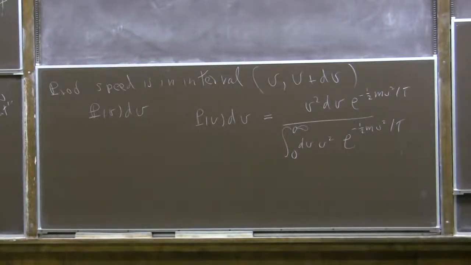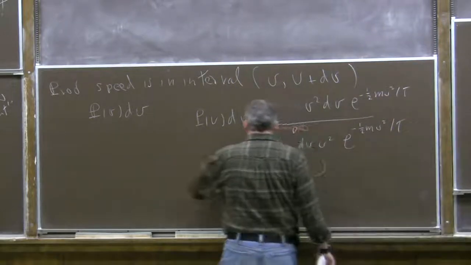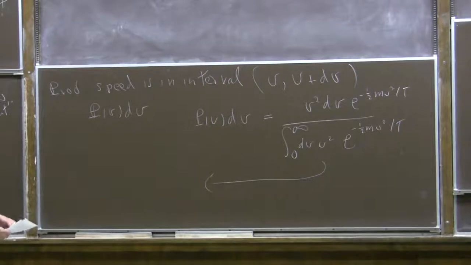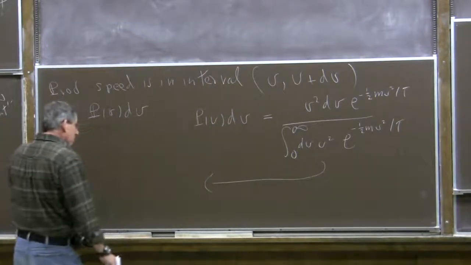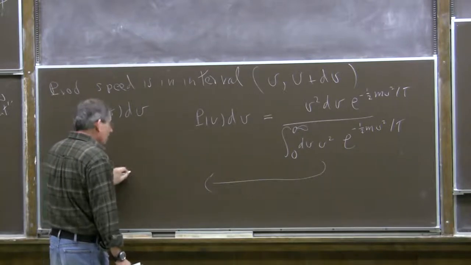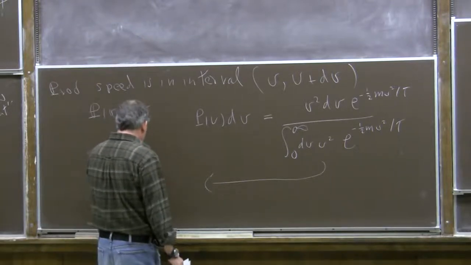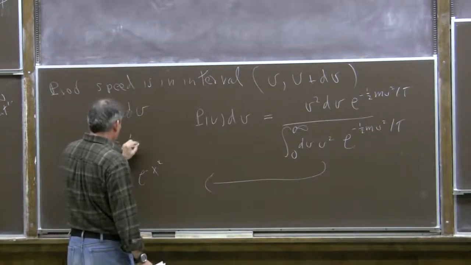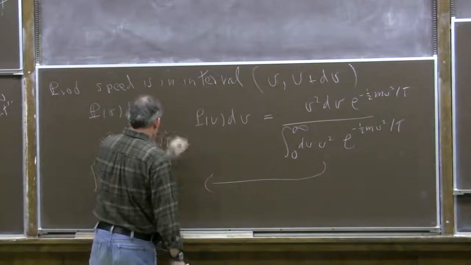Okay. And so this integral, if we change to dimensionless variables, I can write this as the integral 0 to infinity dx, x squared e to the minus x squared, by choosing x squared equals 1/2 mv squared over tau.